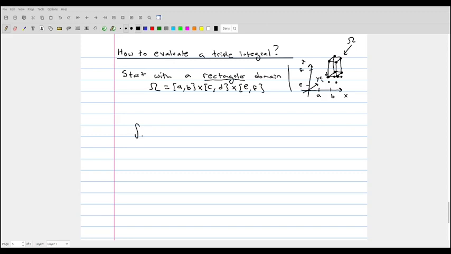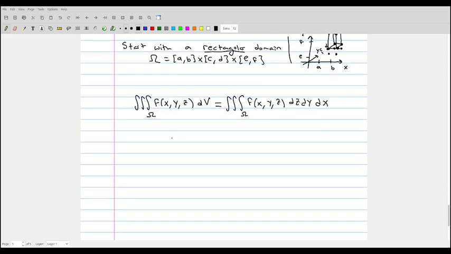So the triple integral over the region omega for this function of 3 variables is the same thing as the triple integral over the region omega, dV is dz dy dx. And the way that we evaluate this integral is by considering the iterated integrals again.